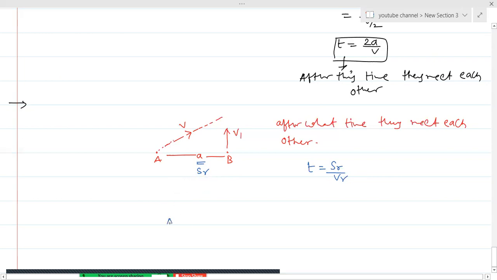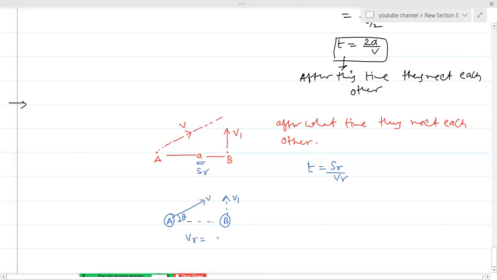Suppose this is A and this is B, and we have v1 in this direction and v in this direction. Let us say this angle is theta. The relative velocity is v cos theta plus v1 cos 90, because they are moving opposite to each other, so simply v cos theta.